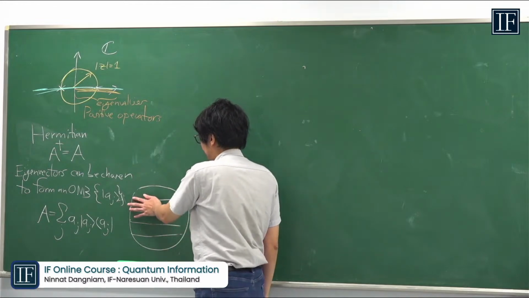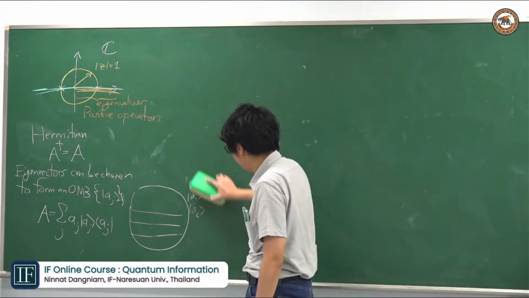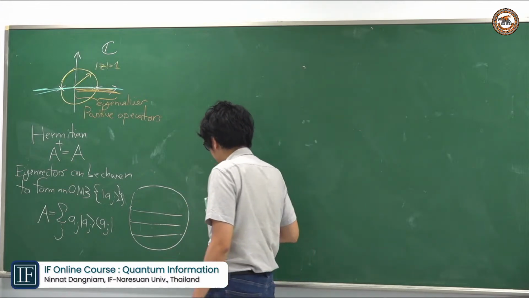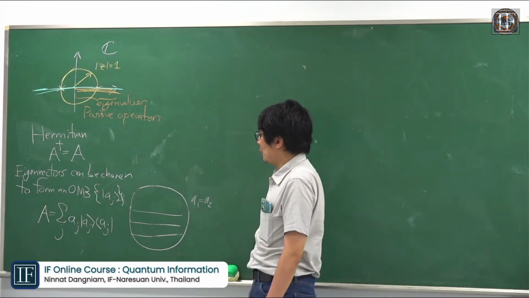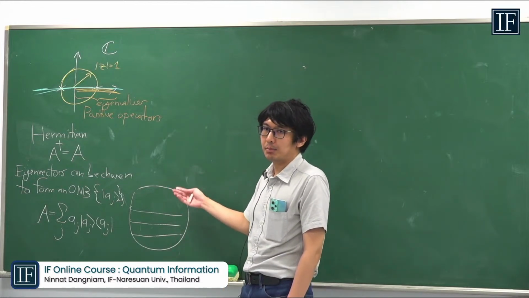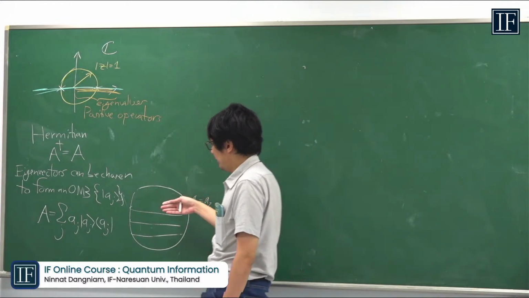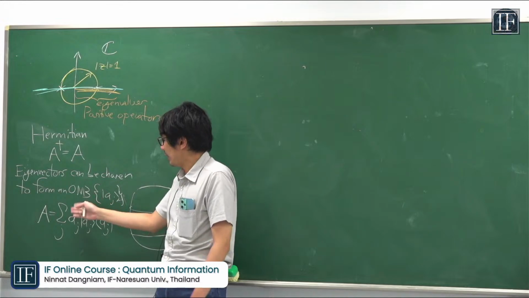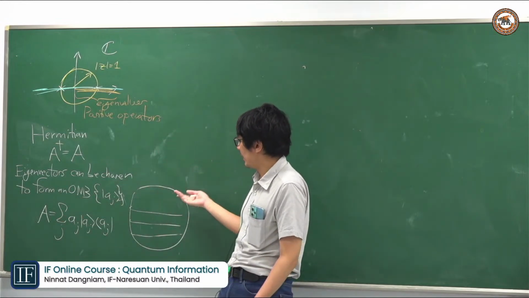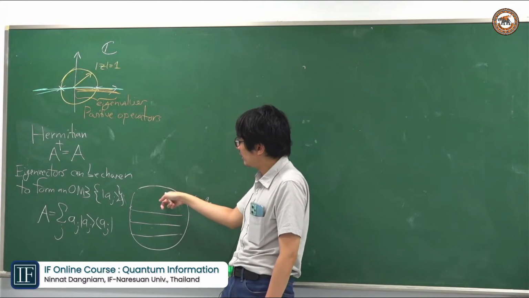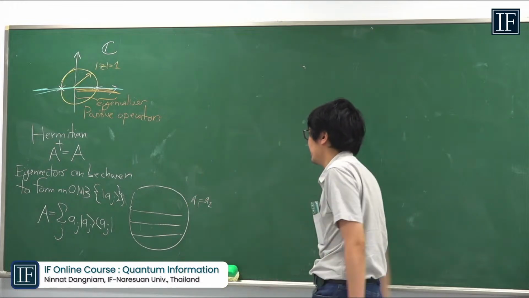But if it's degenerate, for example if A1 equals A2, then you have a subspace that is more than one dimensional that is invariant under A, and when you let A act on this subspace, any linear combination of vectors in it will get the eigenvalue A1, for example.